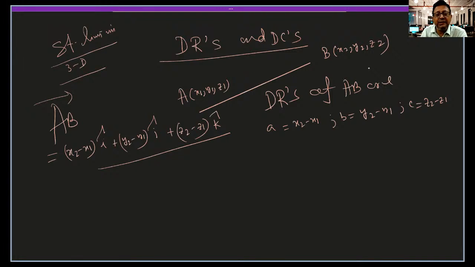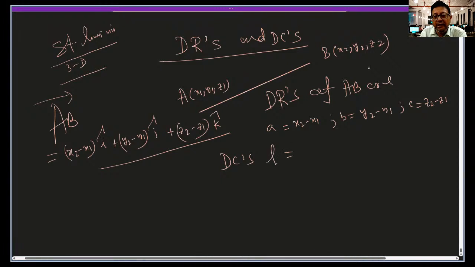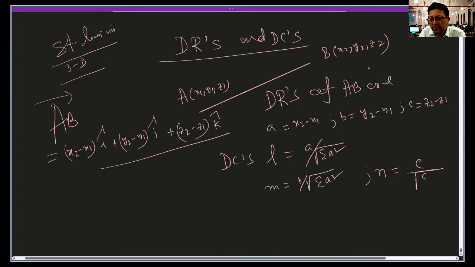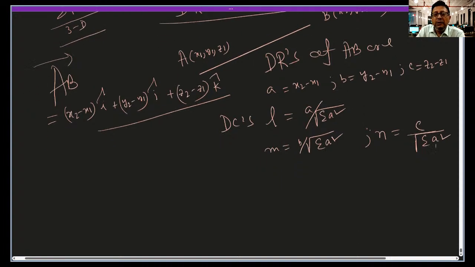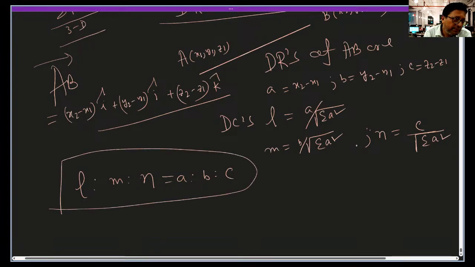So using this we can write the DCs of the line accordingly. l equal to A by root over sigma A square, and n equal to, isn't it? All these you know. Now one thing we can state from here, l is to m is to n is A is to B is to C. This we keep in our mind always.